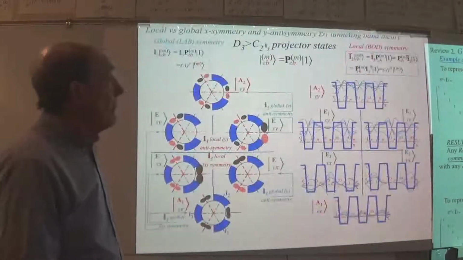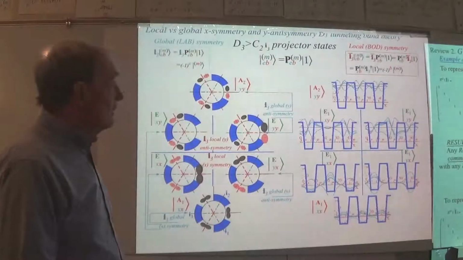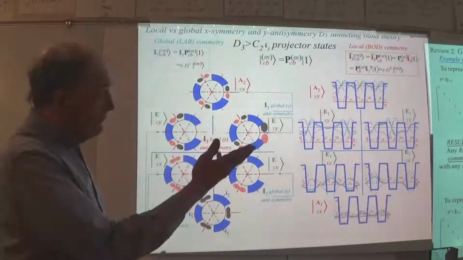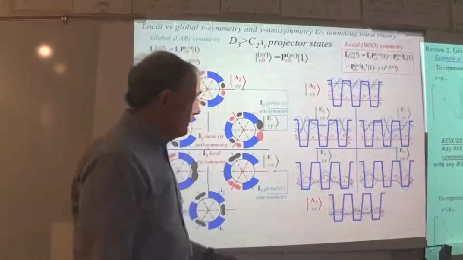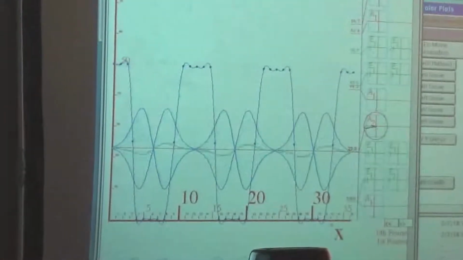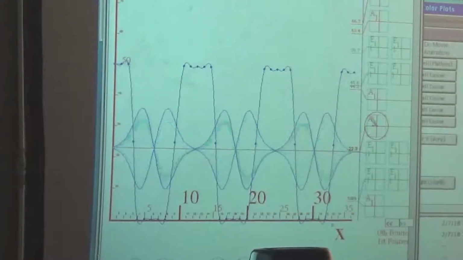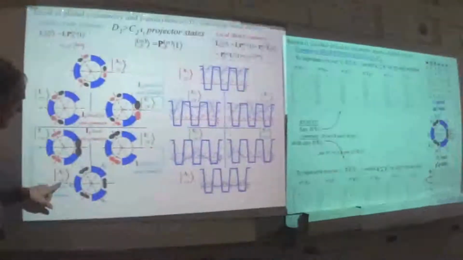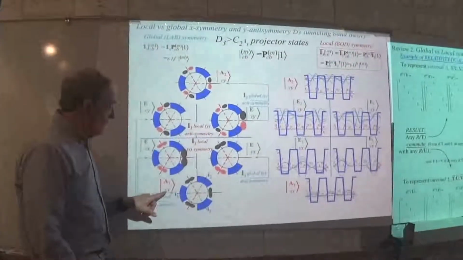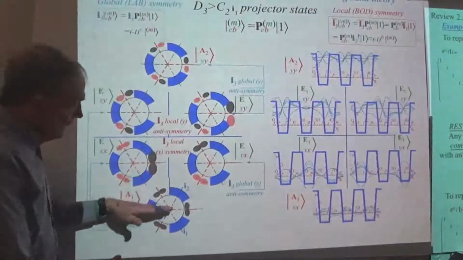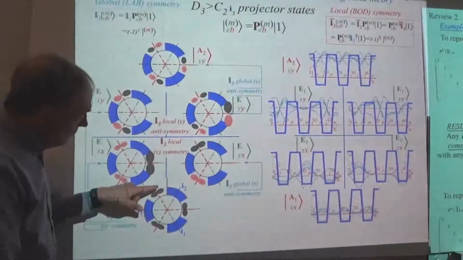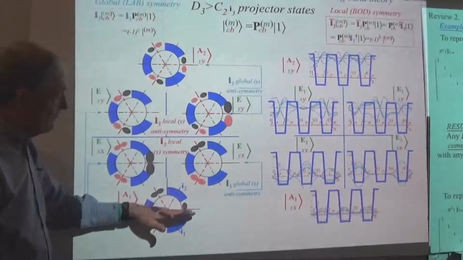Now, I guess it's a little out of time, but we are running some of the waves on the far screen there that we get by this, and we've already discussed what it meant to be totally anti-symmetric in global and local, totally symmetric in both global and local. You see, it's globally symmetric there. This is the same as that, and this thing is a reflection plane. You just look at that.